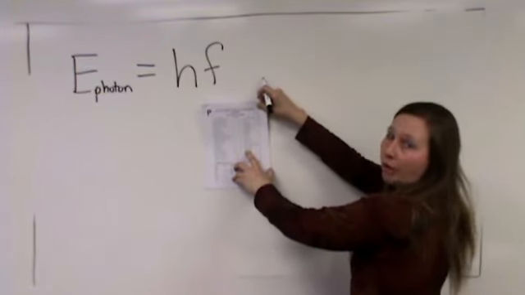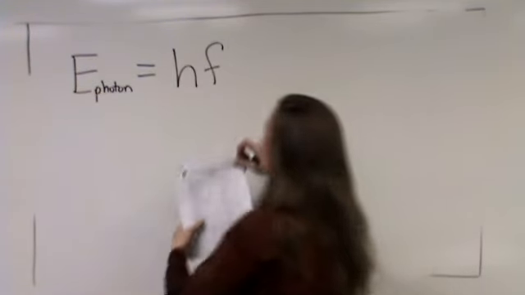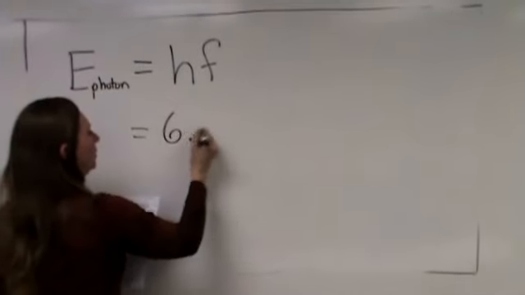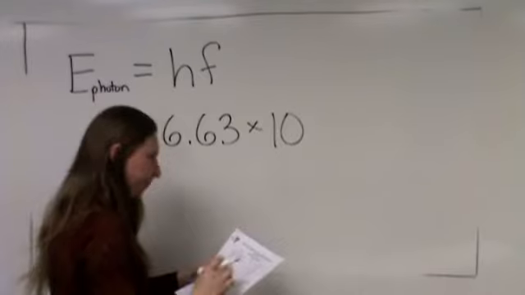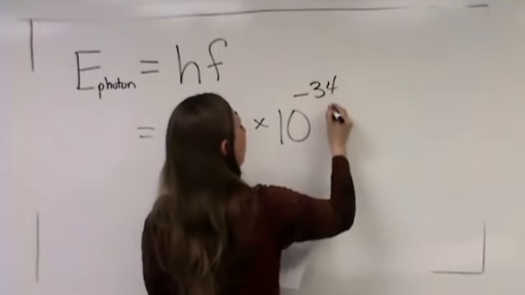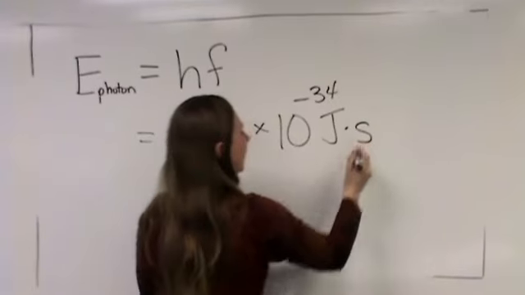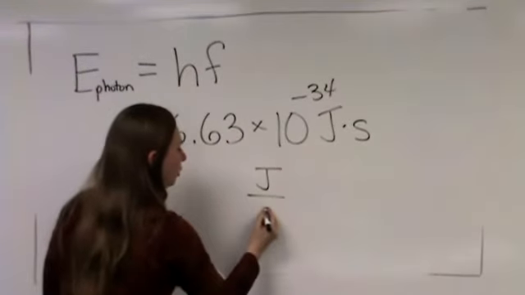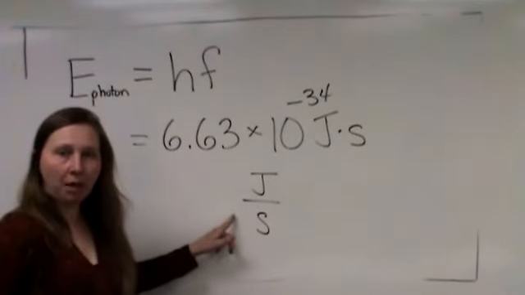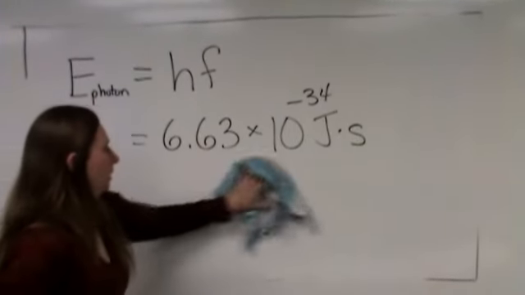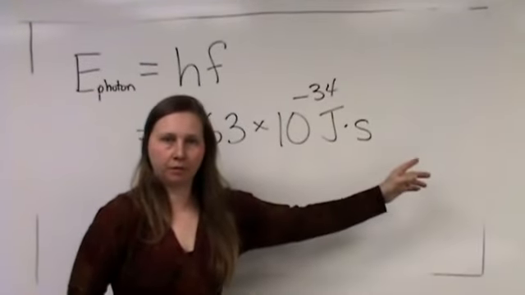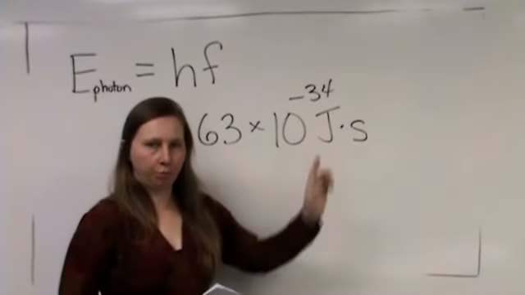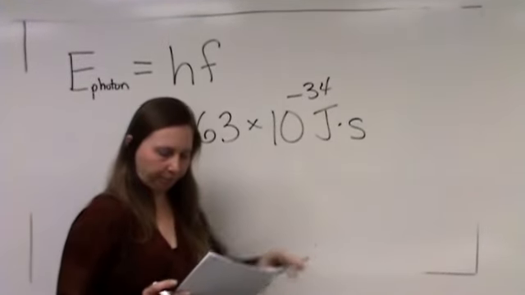It is 6.63 times 10 to the negative 34 joule seconds. Now that's not joules per second. That's power. This is joules times seconds, or joule seconds. It's not joules per second. It's joule seconds.